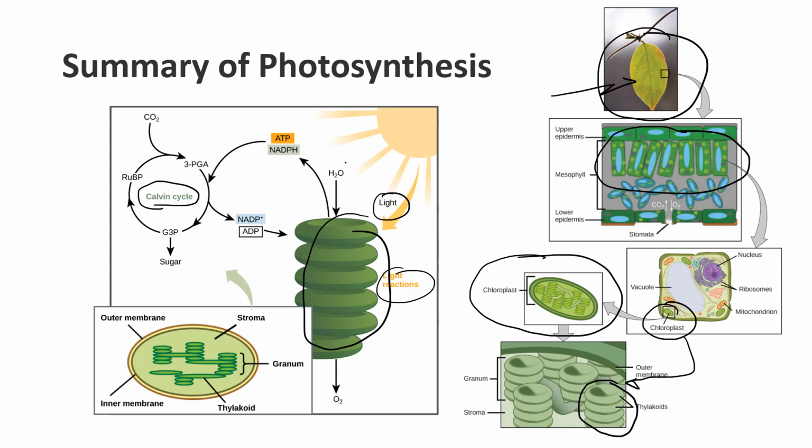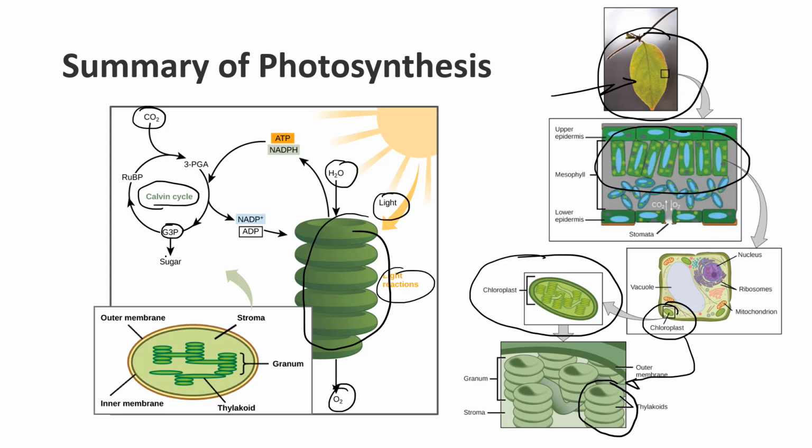The electrons are coming from water, and when water is oxidized to extract those electrons, that results in the production of O2, atmospheric oxygen. And then the CO2 is required in the Calvin cycle, and that's where you can see G3P here.